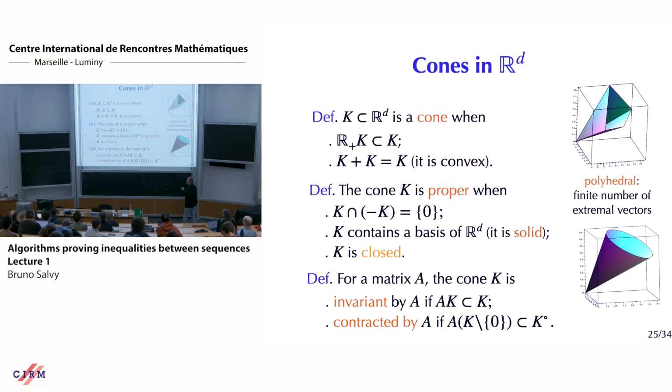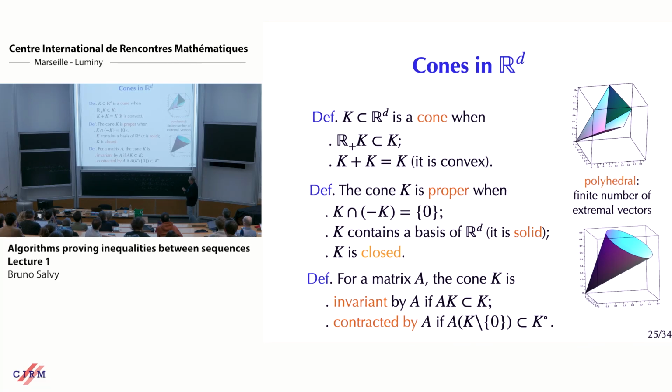The cone is proper when it doesn't contain the whole space, because that would not be interesting. It's solid. It contains a basis of the space. So it's not just a hyperplane, or a part of a hyperplane. Solid cone. And it's closed. I will only be looking at closed cones.